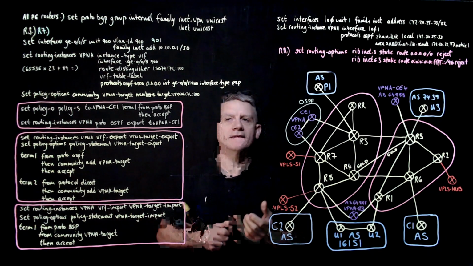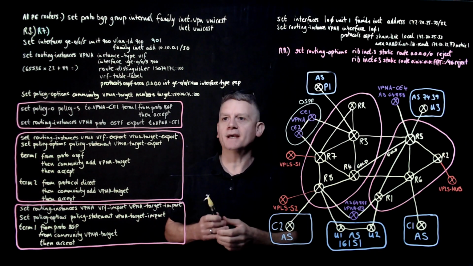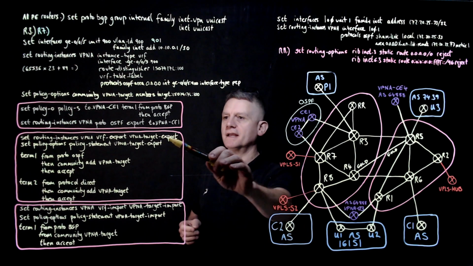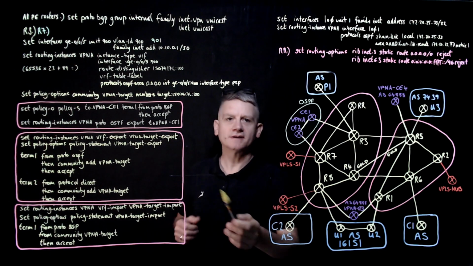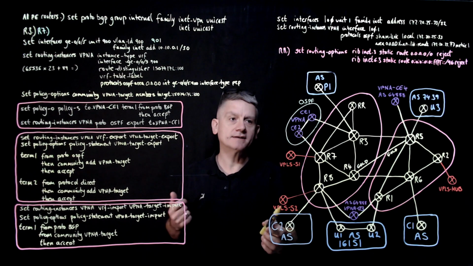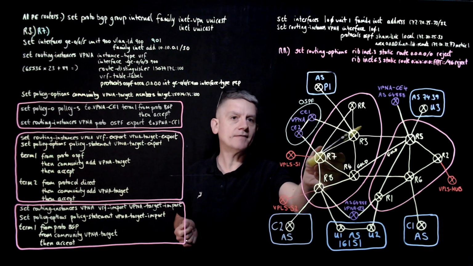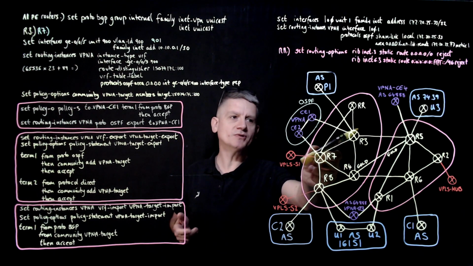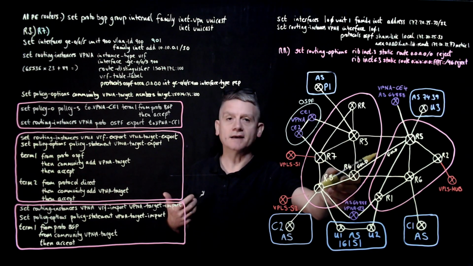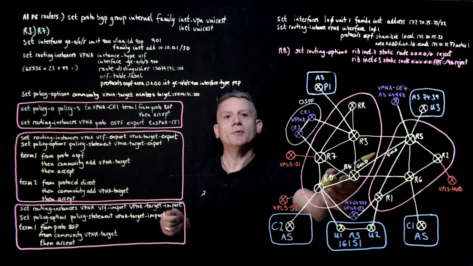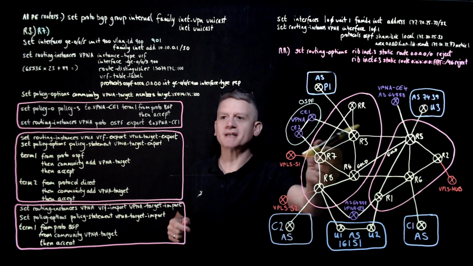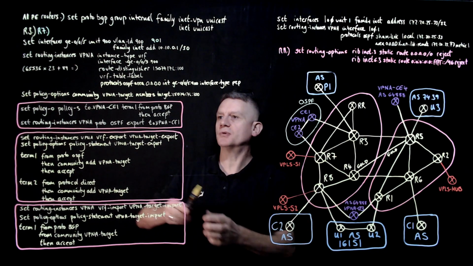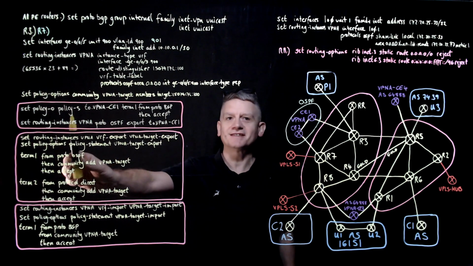Okay, the second thing we need to bear in mind with the OSPF is, of course, we're going to be using our VRF import and export. And as we've looked at several times, doing VRF import from the BGP L3 VPN and VRF export to the L3 VPN is a relatively simple process. But because we're OSPF connected, we also have to remember that we need to export the OSPF out to the site.